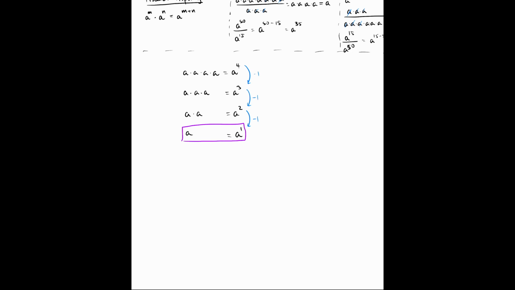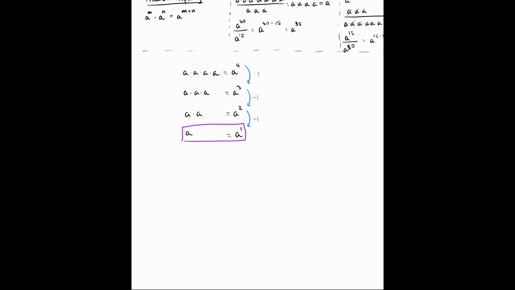But now, if we're following this pattern of subtracting the exponent by 1, we realize, oh, okay, this makes sense. A multiplied by itself once is just a. So a to the power of 1 is a. So anything to the power of 1 is itself.